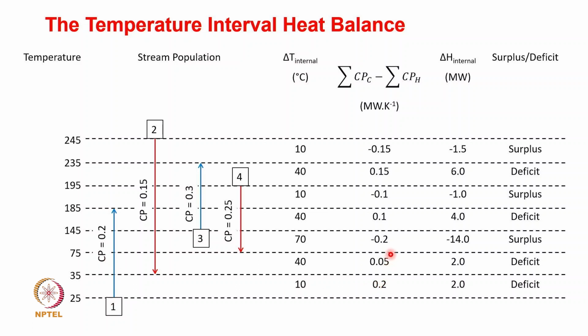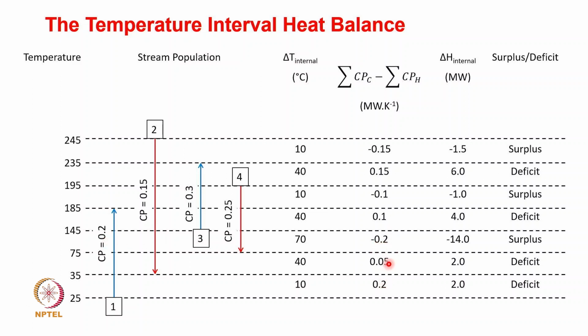Let's say we take an intermediate place wherein you have three streams: two hot streams having CP values 0.25 and 0.15, summed up to 0.4, and the CP value of the cold stream here is 0.2. So 0.2 minus 0.4 would be minus 0.2.